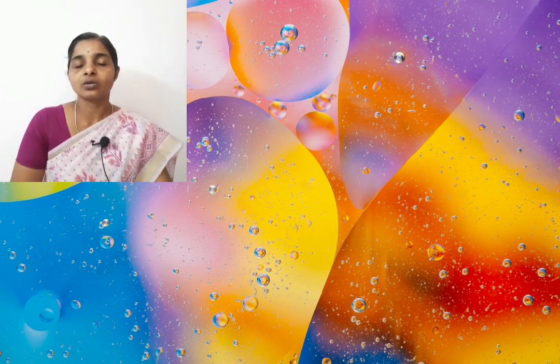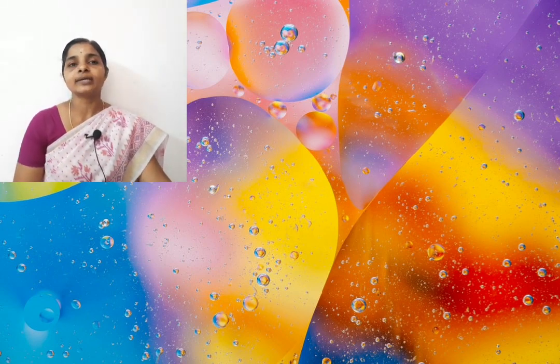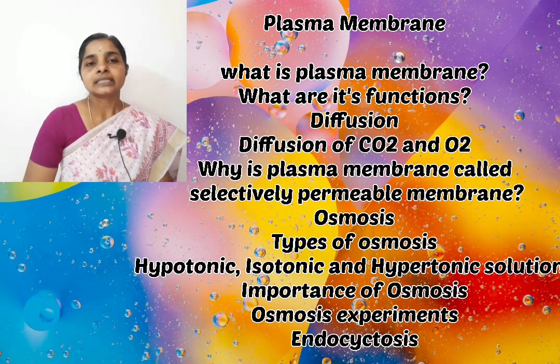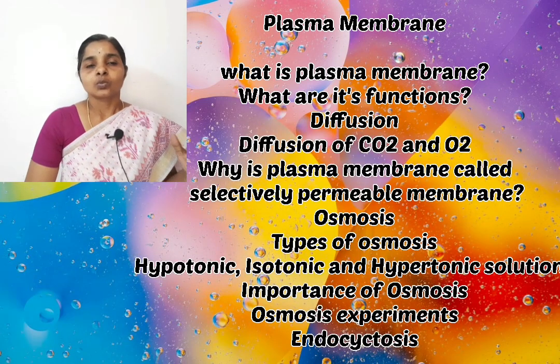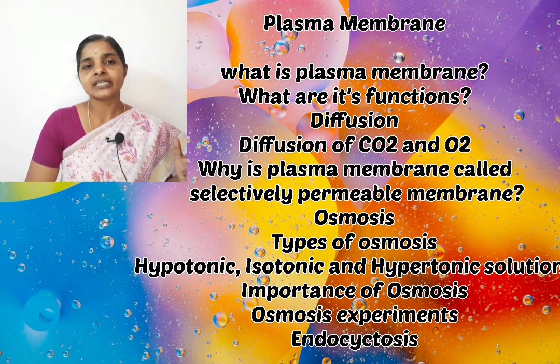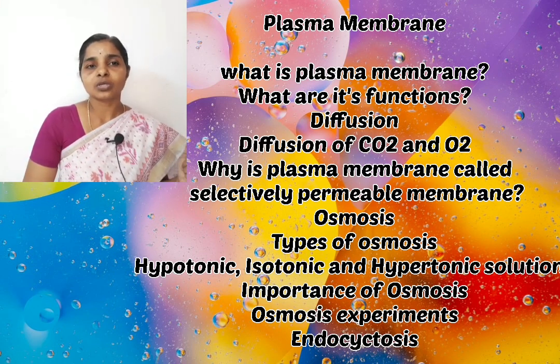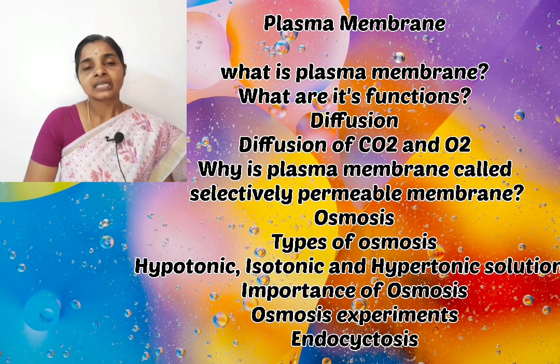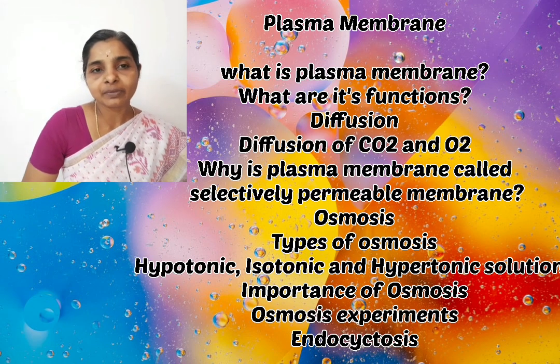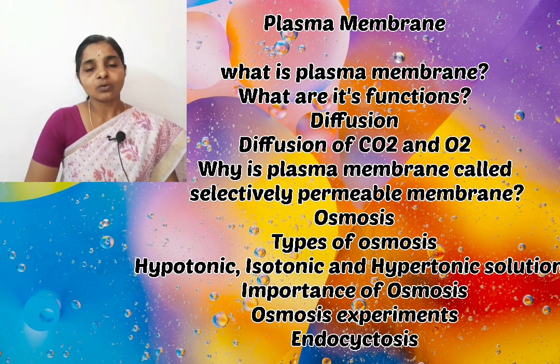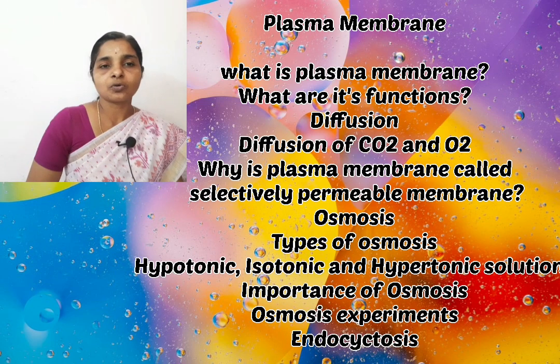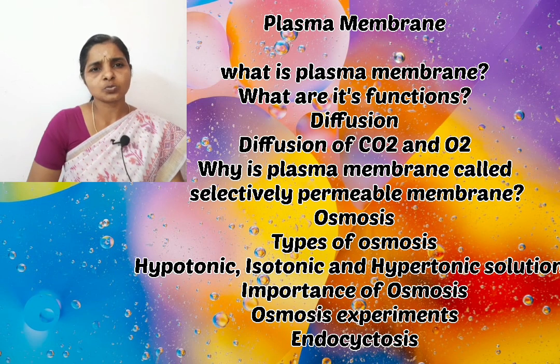So these are the main points related to the plasma membrane, one of the important parts of the cell. Now we can recollect the main points. We studied what the plasma membrane is and its functions, then diffusion, how carbon dioxide and oxygen molecules move in and out of the cell, why the plasma membrane is called a selectively permeable membrane, what osmosis is, and the two types of osmosis, endosmosis and exosmosis.